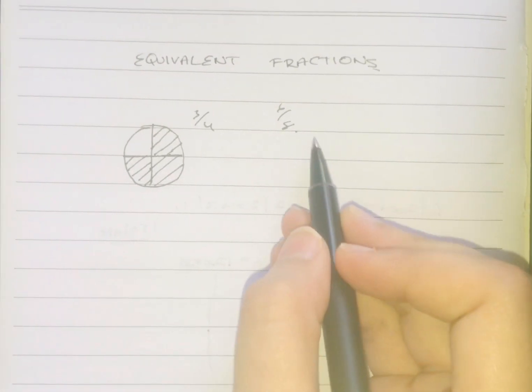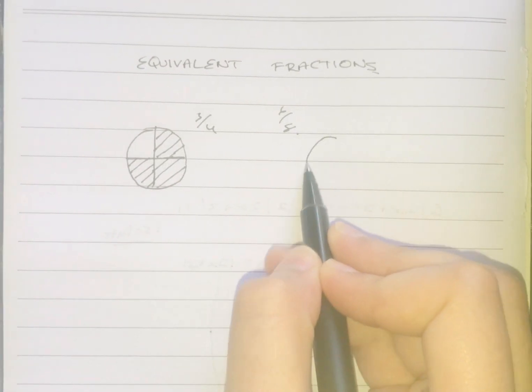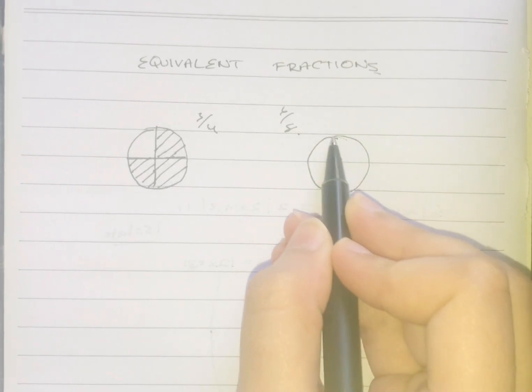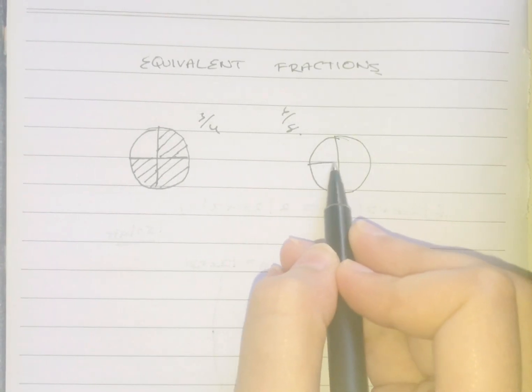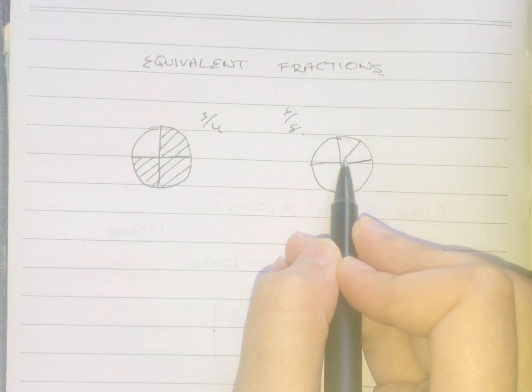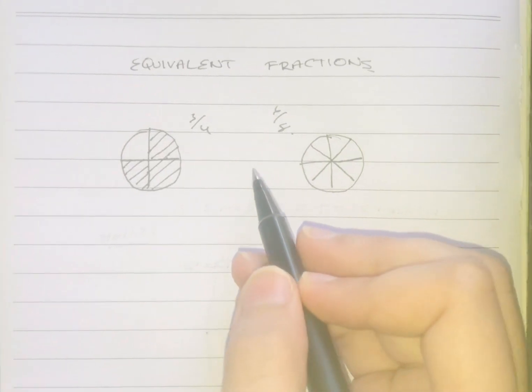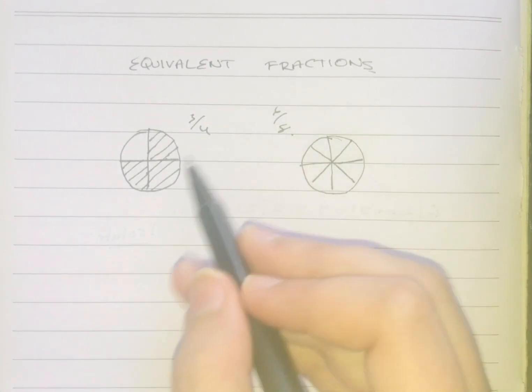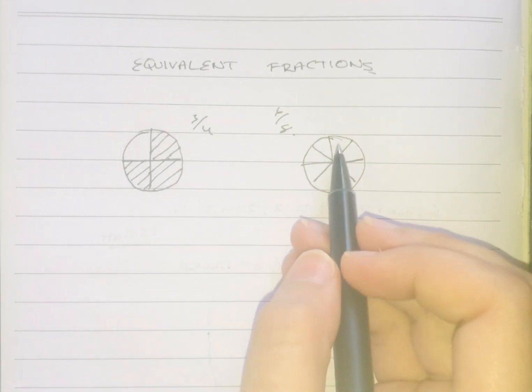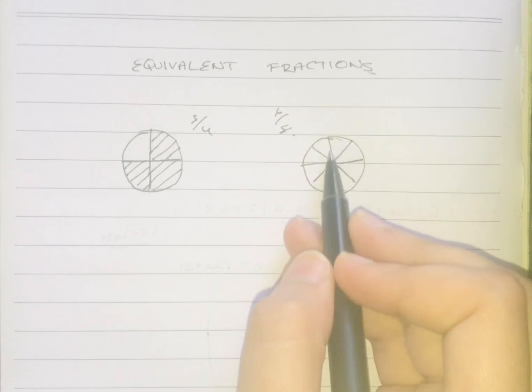And for this fraction, your denominator is 8, so you divide your circle into 8. 2, 4, 6, and 8. And it says 6 over 8, so you shade 6 slices.